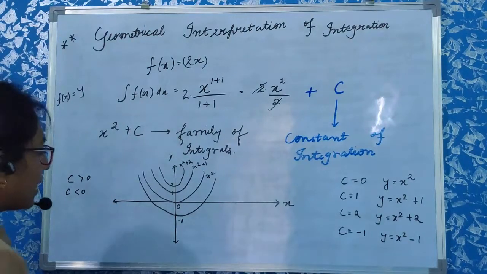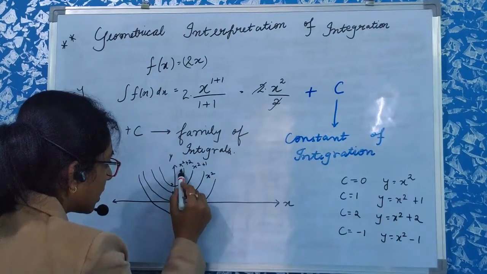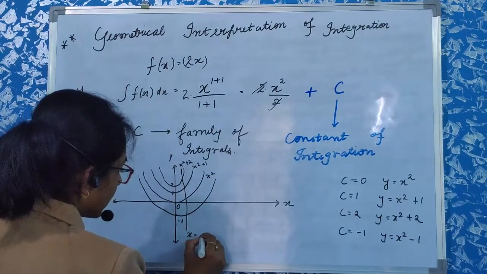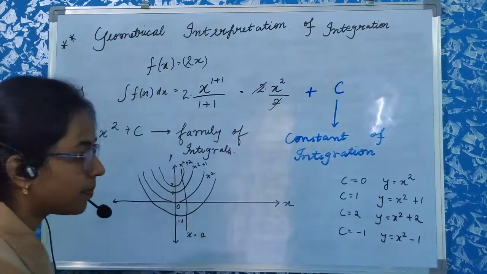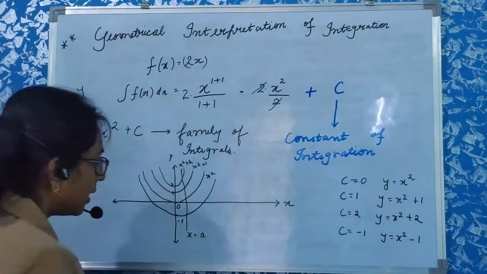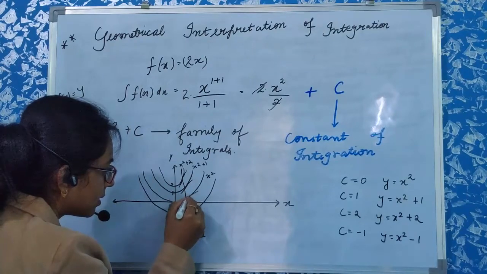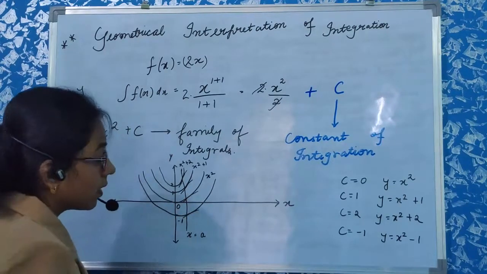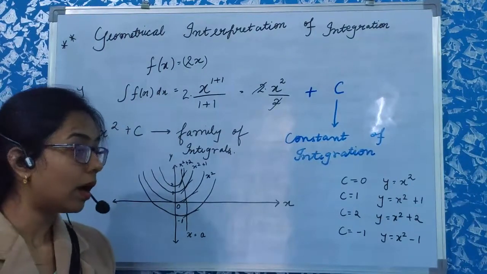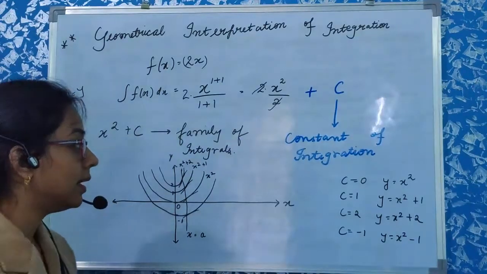Now let us consider that all these parabolas are intersected by a line which is x equals a. And now you have to define the tangents. How are we going to define them? By defining the slope. How are we going to define the slope? By differentiating the equations.